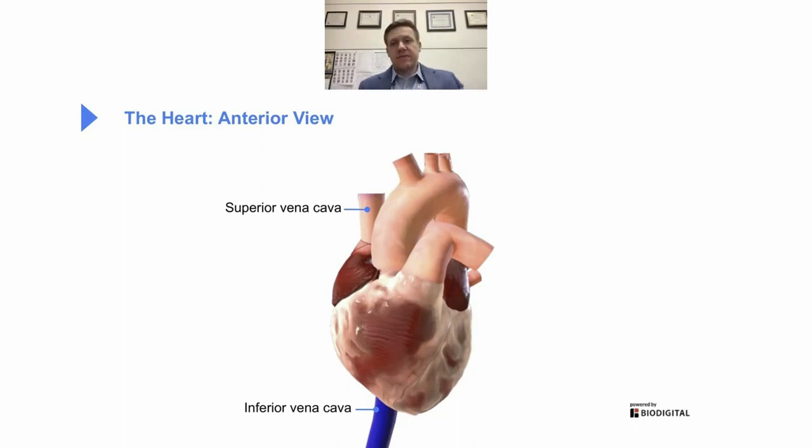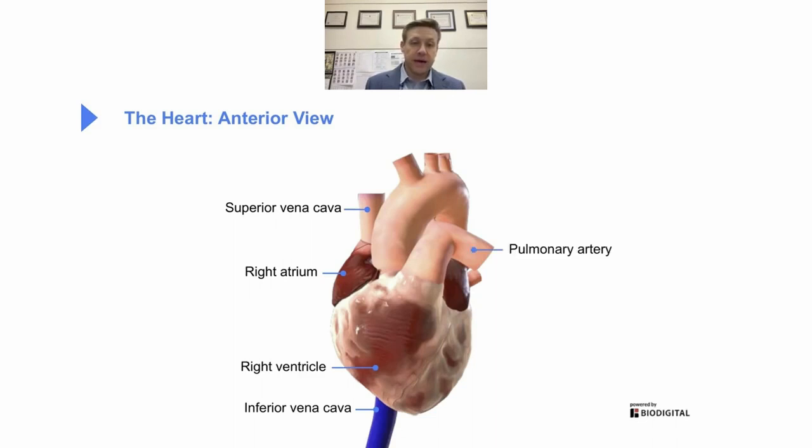And these very large veins are receiving deoxygenated blood, the kind you usually expect in a vein, and delivering it into the first chamber of the heart, the right atrium, which we can see a little bit of here. Then the right atrium is going to feed into the right ventricle, which in turn is going to pump out into the pulmonary artery to go to the lungs to get oxygenated.